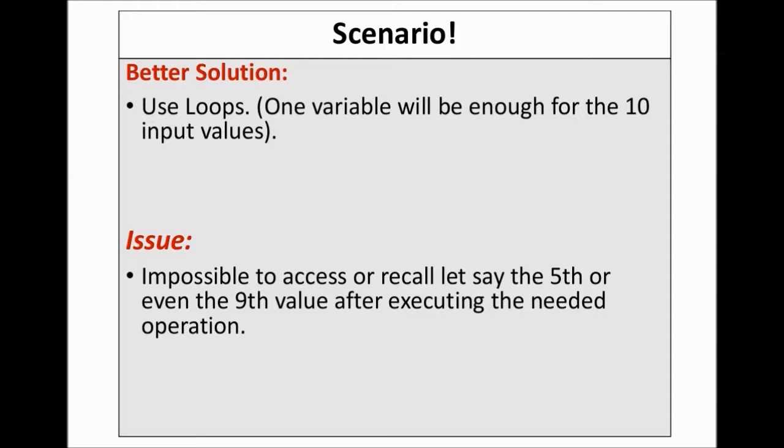In loops, when we use a single variable for more than one input value, we update our variable after each iteration of the loop. So it becomes impossible to access or recall the previously entered values.